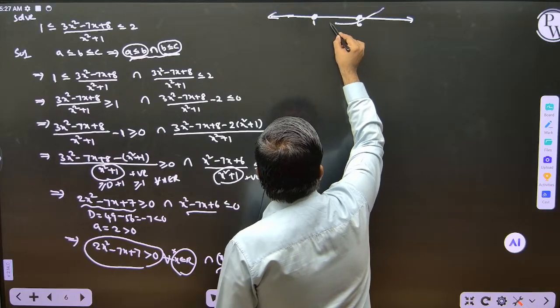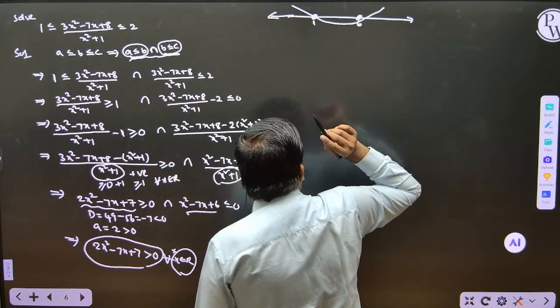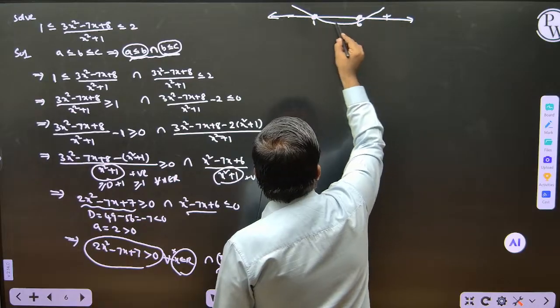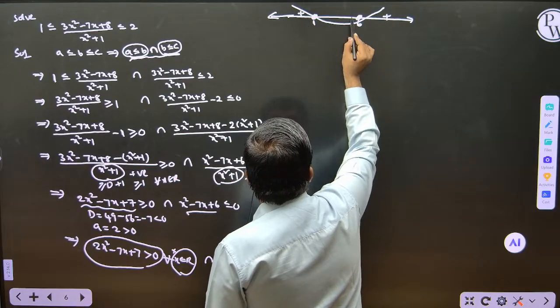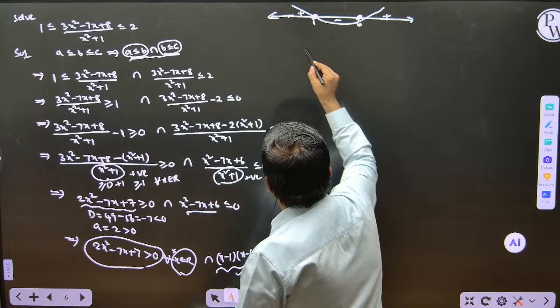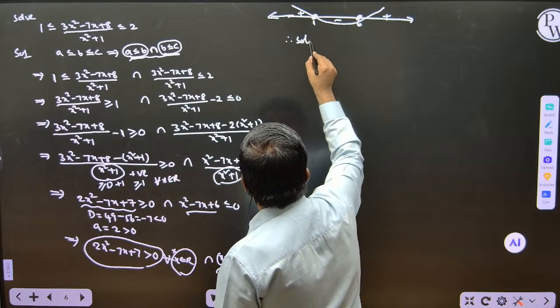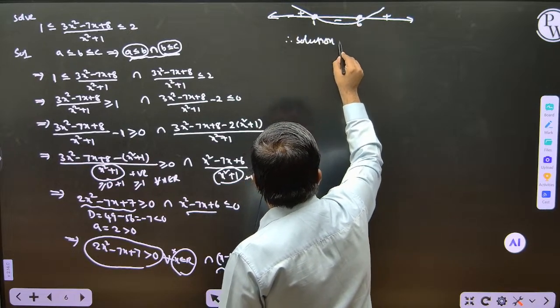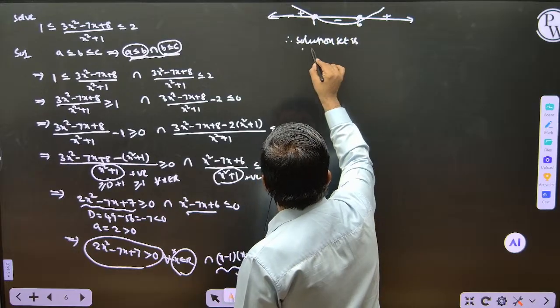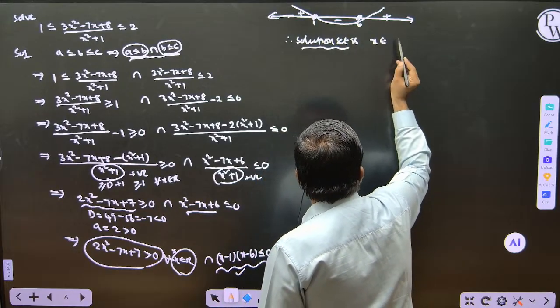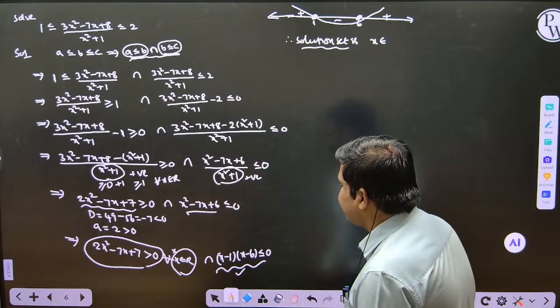Both the powers are odd, so the curve crosses at both points. Therefore the solution set: we want less than or equal to.